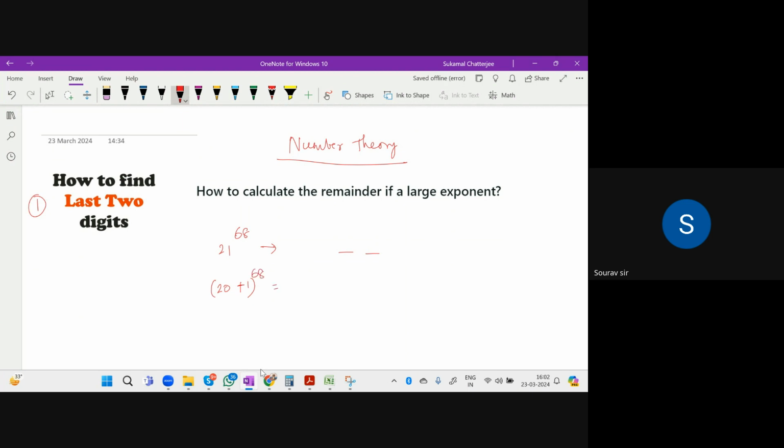If you expand this binomially, you get 20 to the power 68 plus 68C1 into 20 to the power 67, plus 68C2 into 20 to the power 66, and this will go on, and the last two terms will be 68C67 into 20 plus 1.